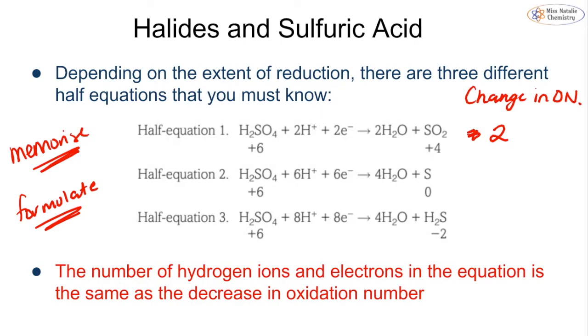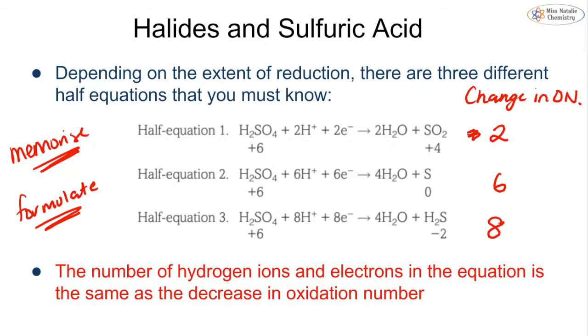If it is being further reduced and we're going from sulfuric acid to sulfur, you can see it goes from +6 to 0, we're getting a change in oxidation number of 6. And as it goes that step further and goes from the sulfuric acid at +6 to hydrogen sulfide, which is an oxidation number of -2, we're getting a change in oxidation number of 8.